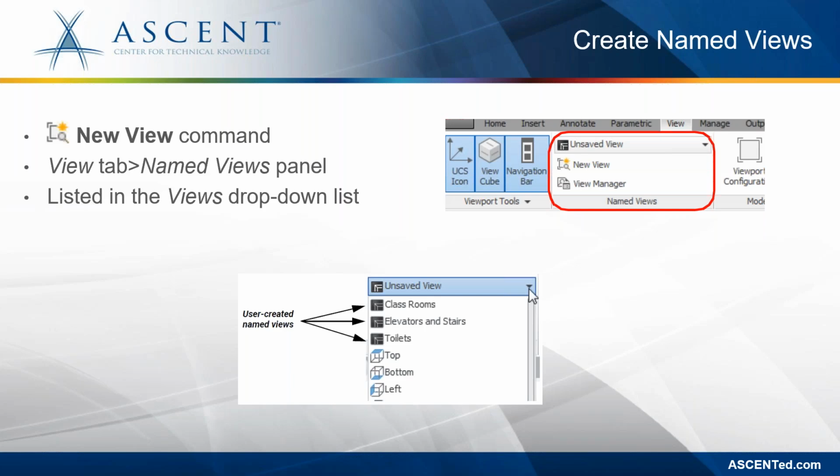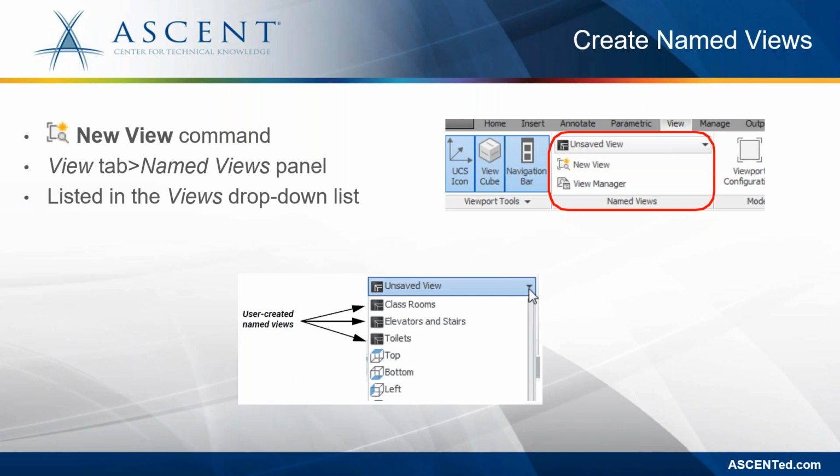Now, how do we create those named views? The new view command can be used to create them. Although we can also create named views using the viewports dialog box, today we will be using the new view command. This is a quick and easy method of creating named views.